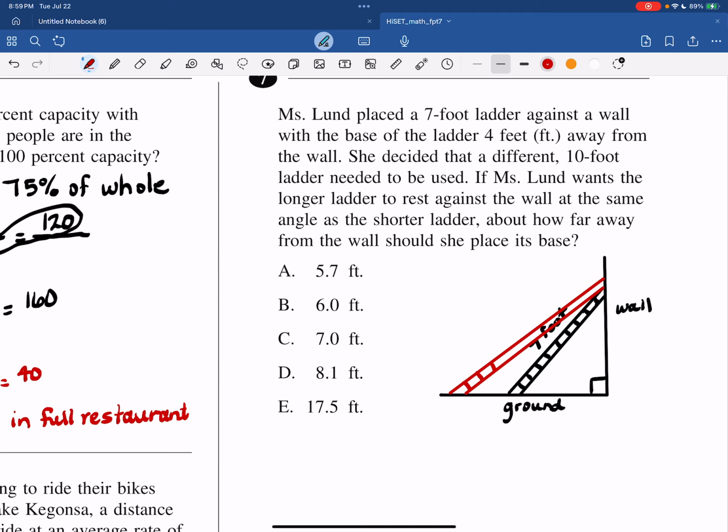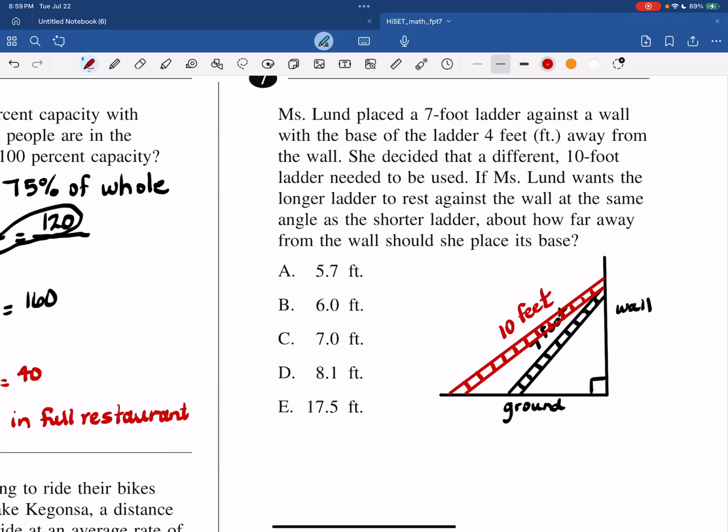This ladder is 10 feet long. So get a really good picture in your mind of what's going on. Use your scrap paper to your advantage. So about how far away from the wall should she place the base?